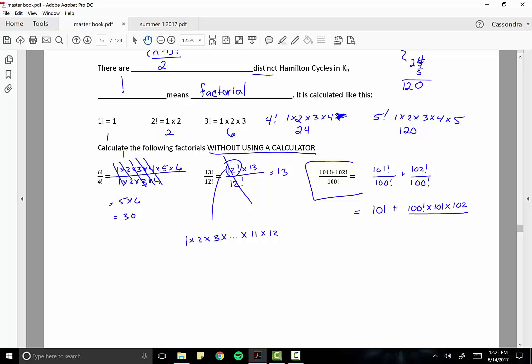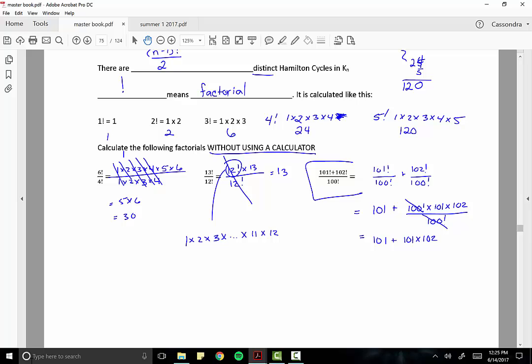Now you can do this kind of manipulation always, because it's just multiplication. And it's divided by 100 factorial. That factors out, so that leaves me with 101 plus 101 times 102.